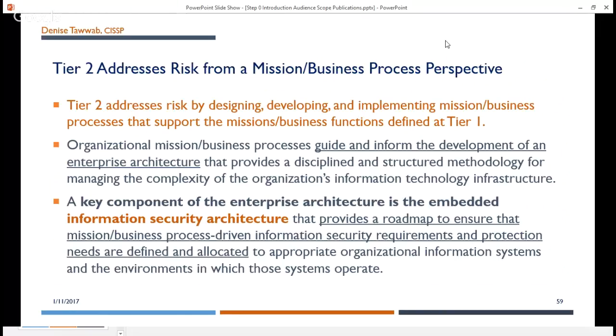The processes guide and inform the development of your enterprise architecture that provides a disciplined and structured method for managing the complexity of the organization's IT infrastructure. A key component of the enterprise architecture is the embedded information security architecture that provides a roadmap to ensure that business process-driven information security requirements and protection needs are defined and allocated to appropriate information systems and the environment in which those systems operate.